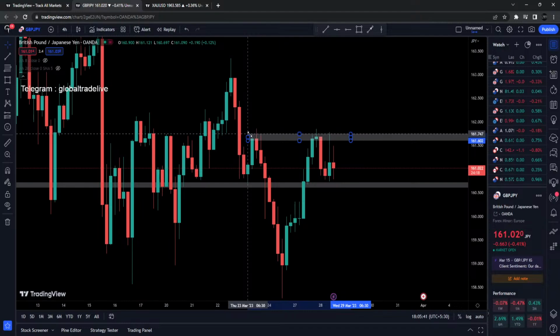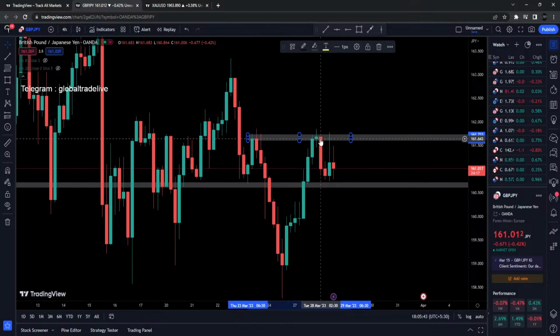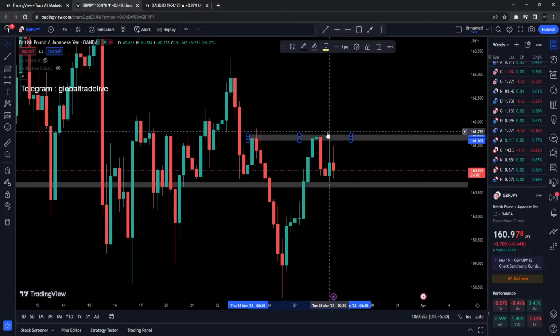We can clearly see that there is a strong level of resistance. GBP has just rejected and came back down, and the previous 4-hour candle tried to go all the way up, but it rejected all the higher prices and just closed with a weak bullish candle.